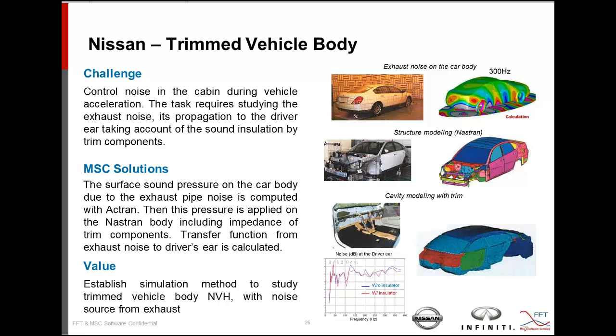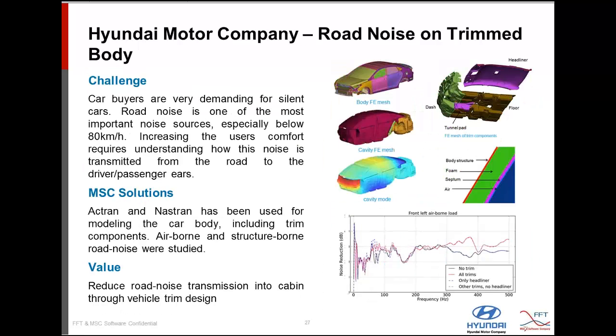So let's see another example from Hyundai Motor Company. It's about road noise on a trimmed body. So all of these noises, of which I have just talked about, are measured in several conditions. These measurements are covered by international ISO standards, and it can be noticed that tests are not only performed on stationary vehicles or construction machineries, they are also realized in movement.